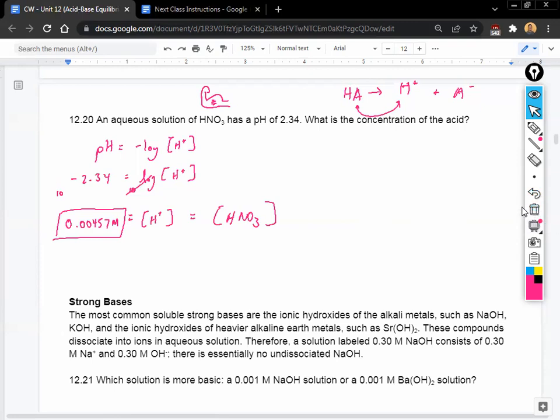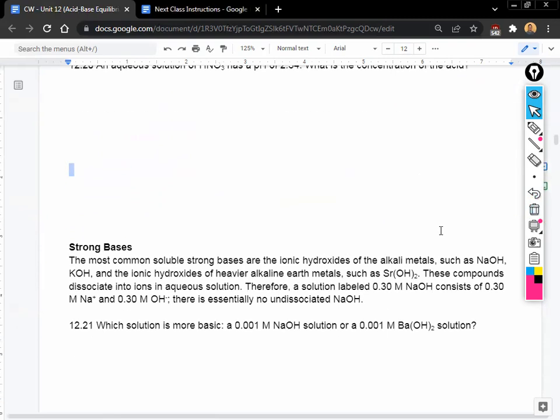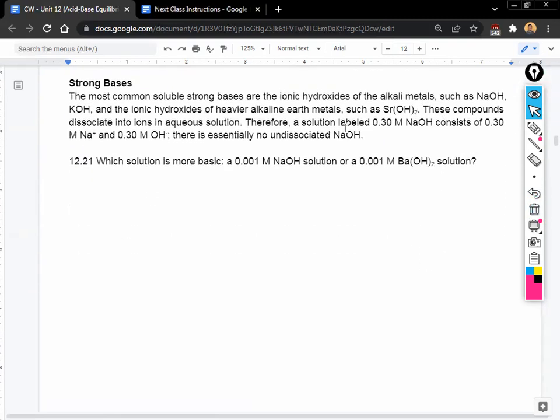We'll get into weak acids in just a second, but we're gonna go into strong bases now. Okay, so strong bases are the same thing, strong electrolytes, but instead they're going to be the ionic hydroxide of the alkali metals. Okay, if you guys remember on your periodic table, do you remember which column are the alkali metals? Yeah, the first one.